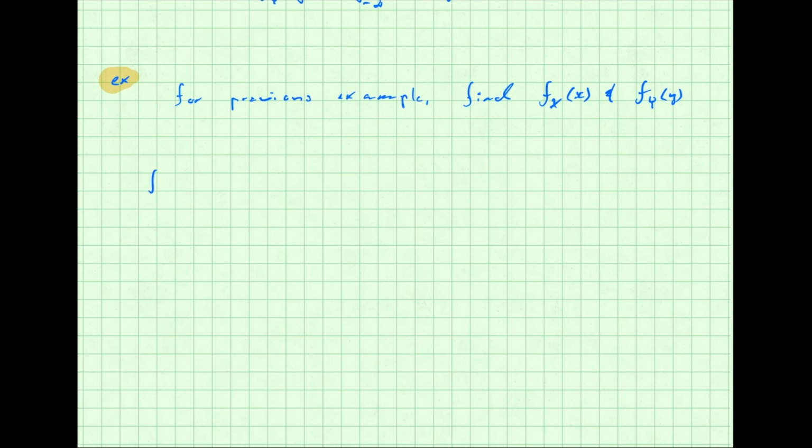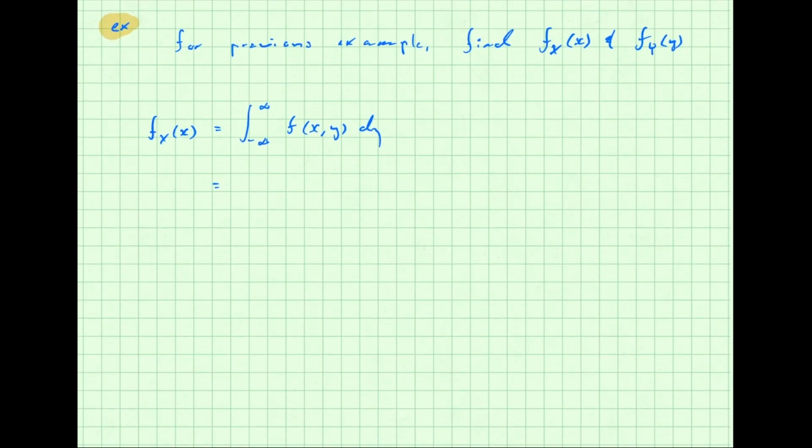So for f sub x of x, we're going to integrate over y. And of course the integral gets clipped right away to the range of 0 to 3. And we've got 1/15 times x plus y.